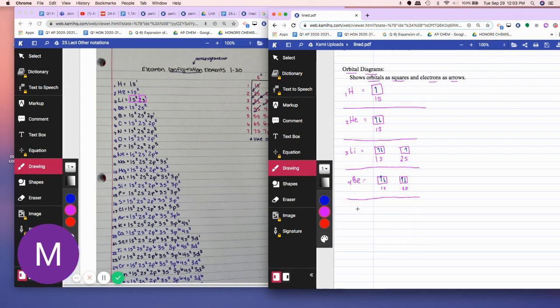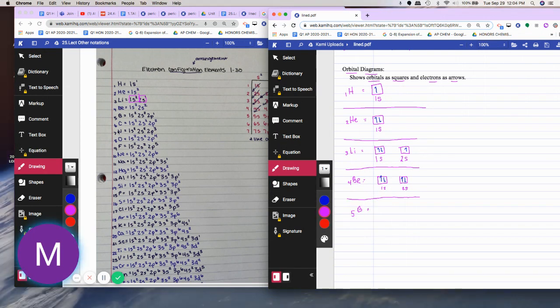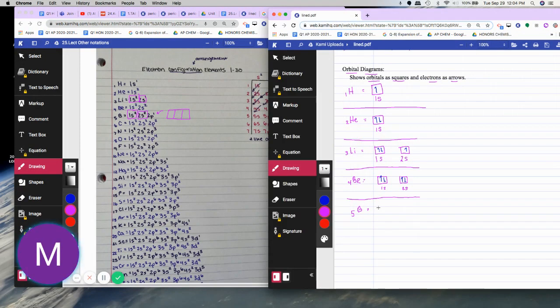Okay, so the next one is going to be boron. So boron has 5 electrons. So boron, it says right here, is 1s2, a box for that, 2s2, a box for that. For the p, you're going to draw 3 squares, which corresponds to 3 orbitals in the p sublevel, even though only one of them will be filled up. So it would look like this.